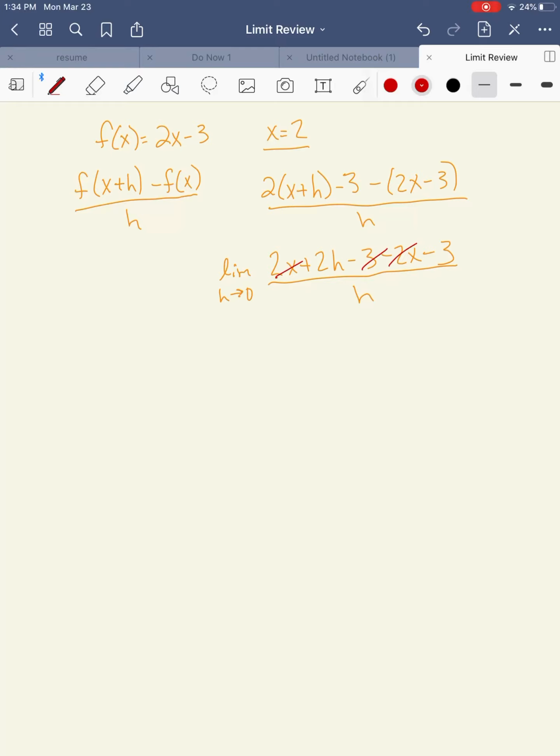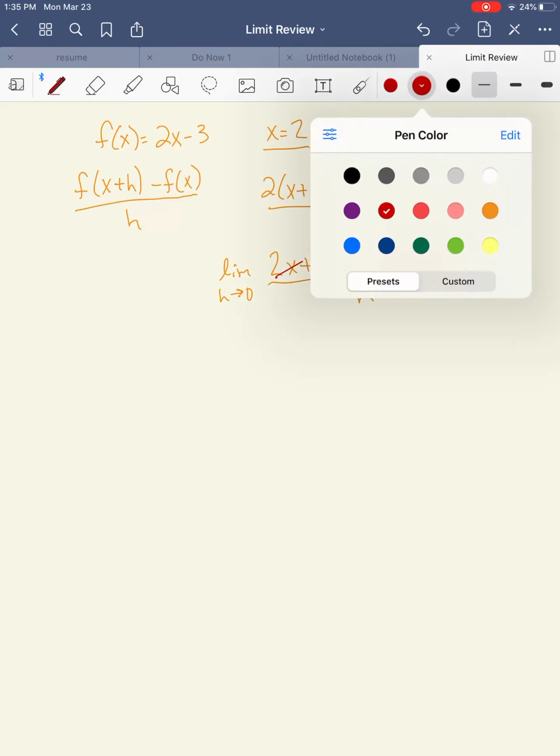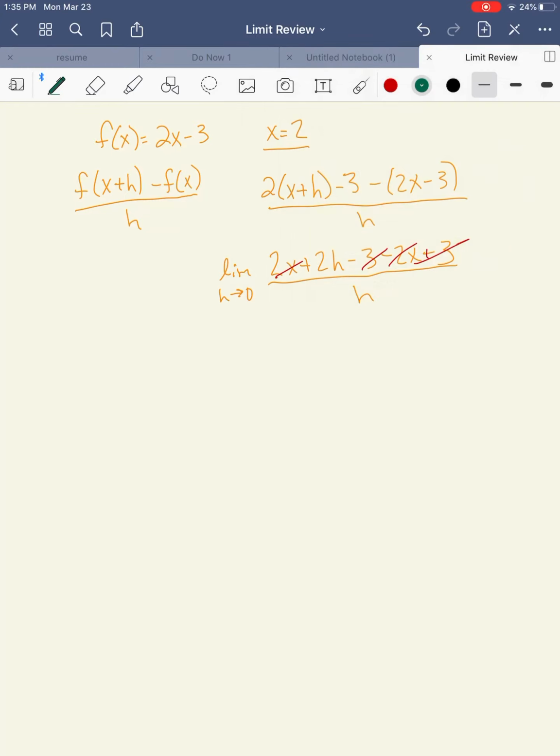2x minus 2x, negative 3. I'm sorry, that should have been plus 3. Cancel that out. That just leaves you 2h. 2h over h, limit as h goes to 0. The h's cancel out, which just leaves you at 2. So since there is no x, our gradient is just 2.